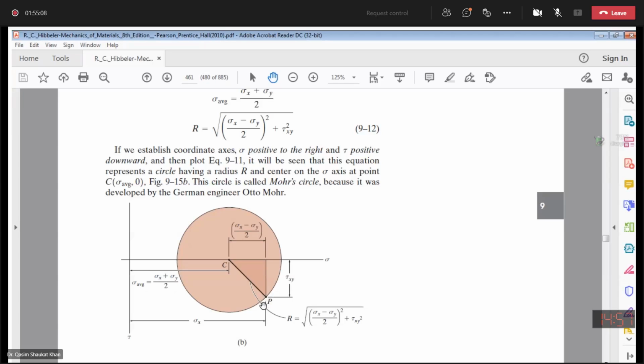And it is positive because it is pointing towards the positive sigma and towards the positive shear stress. Shear stress is tau xy.